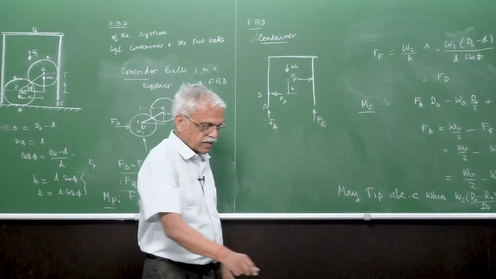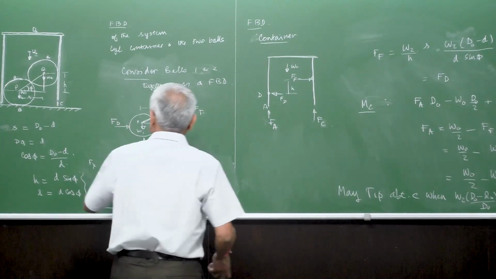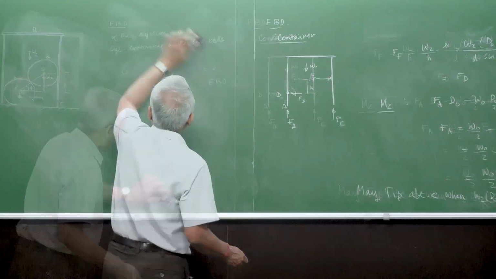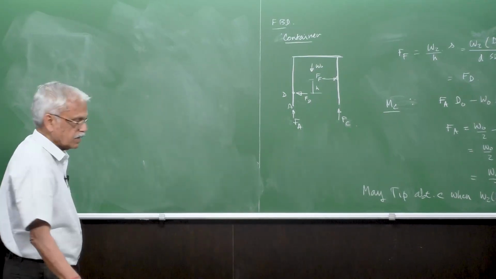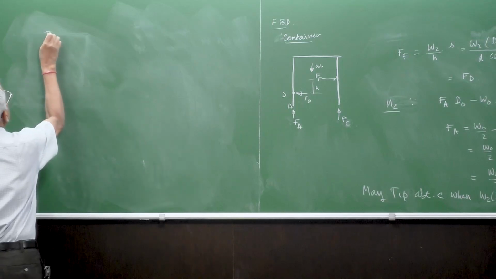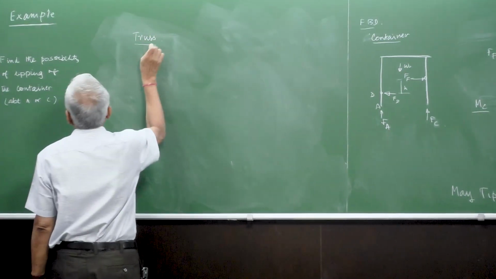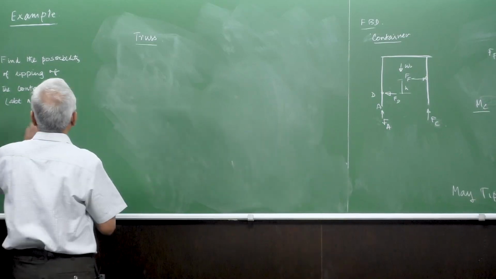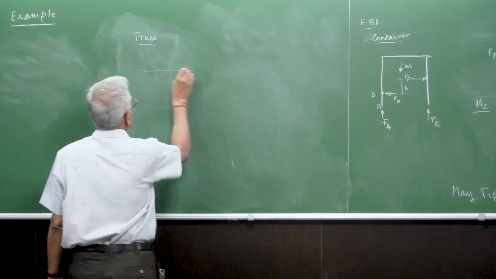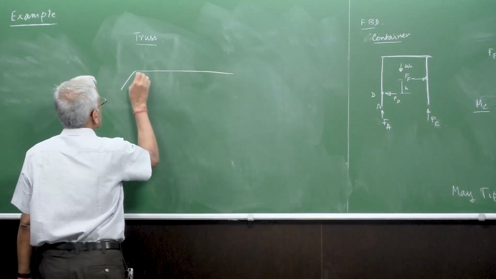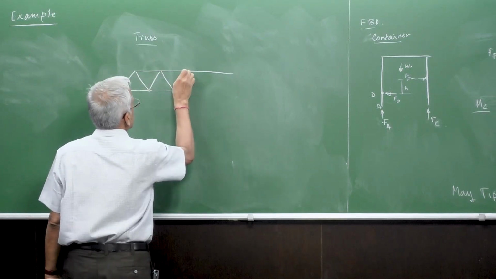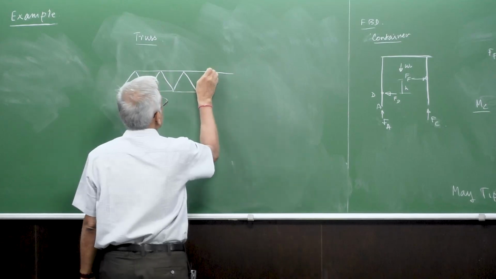I think as a last thing, I will just indicate, I will not solve it. If you look at truss problems, you will see a lot of these structures in practice. 60 degrees equilateral triangles.